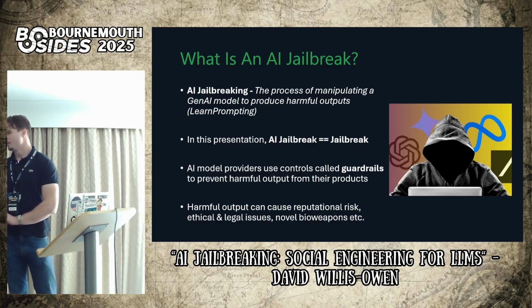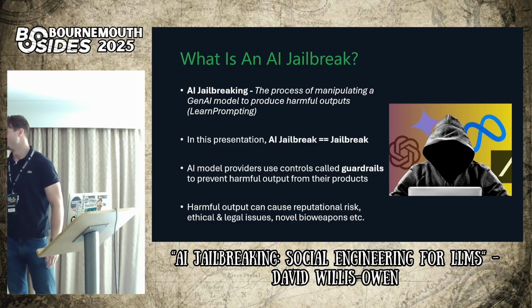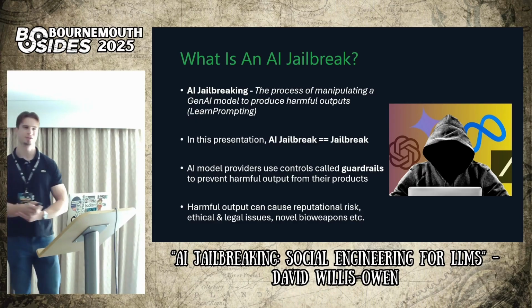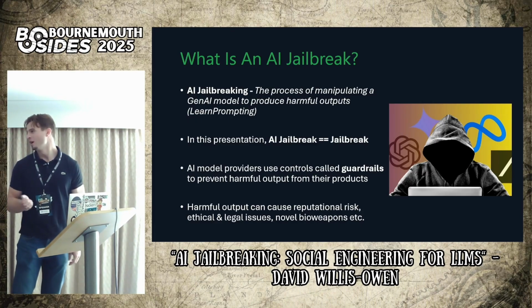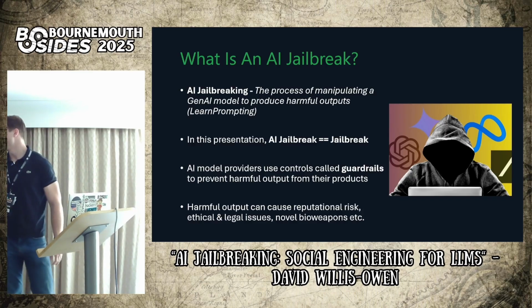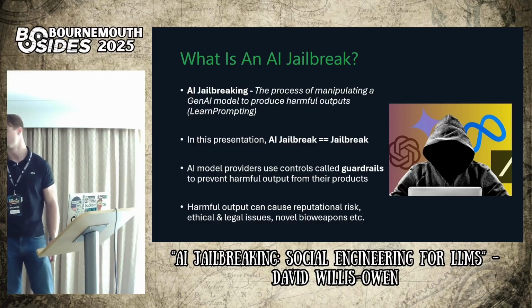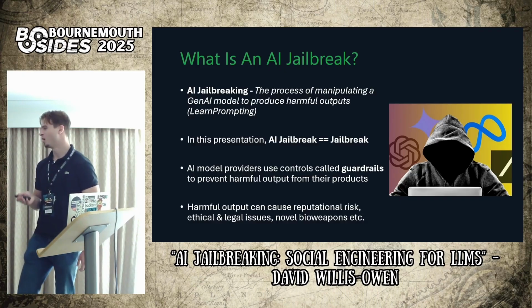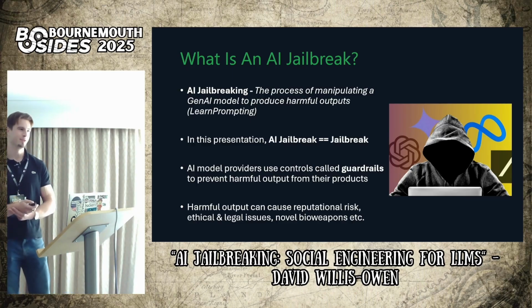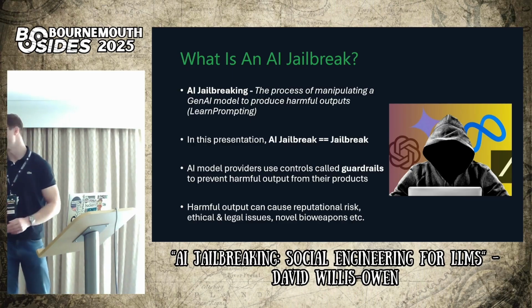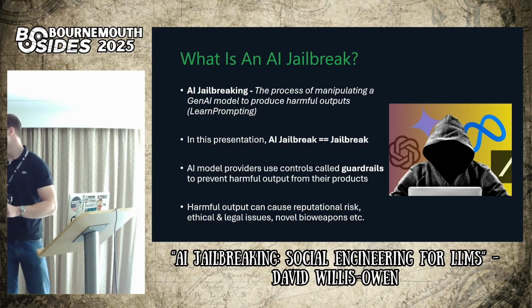And this is basically the crux of the problem. AI model providers use these controls called guardrails. And a guardrail is basically a piece of software that's used to prevent harmful output from their products. Now, at the surface level, harmful output can cause reputational risk, ethical and legal issues if you can basically get output which is copyrighted.